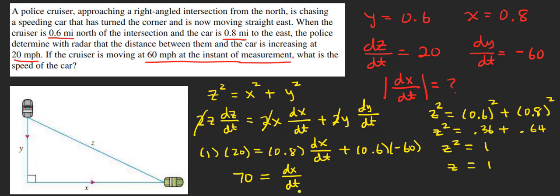So this means the speed of the car at this moment will be 70 miles per hour. So this car was speeding pretty fast at that moment.